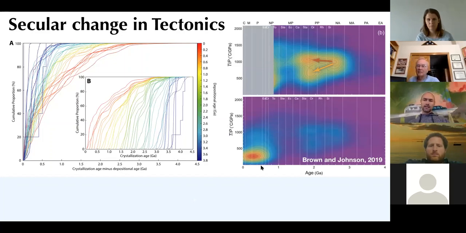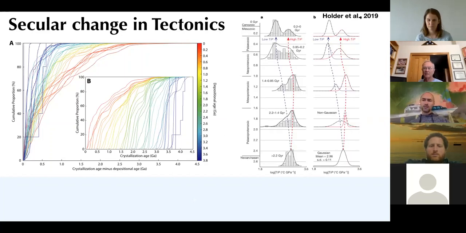And then starting at about 800 or so million years in the Neoproterozoic, we see the beginning of blueschist metamorphism.